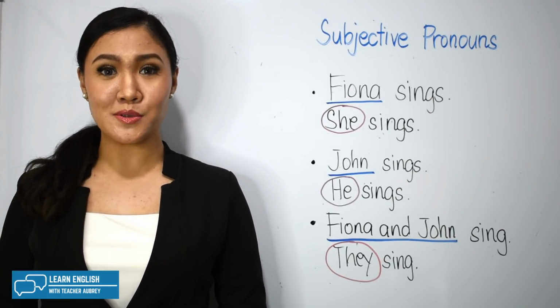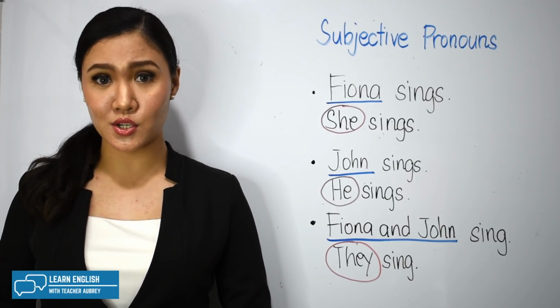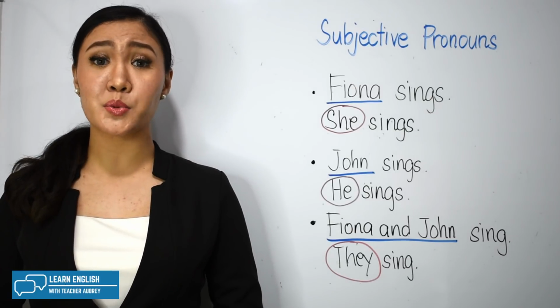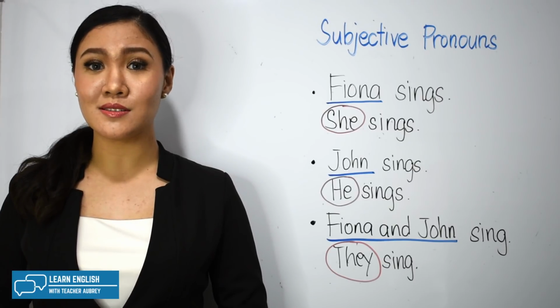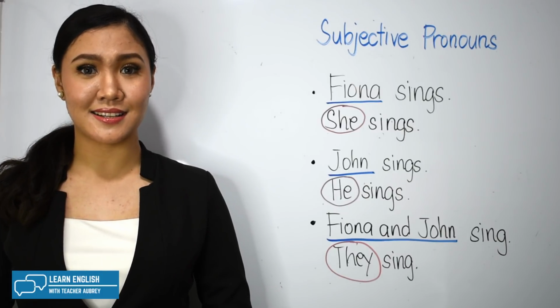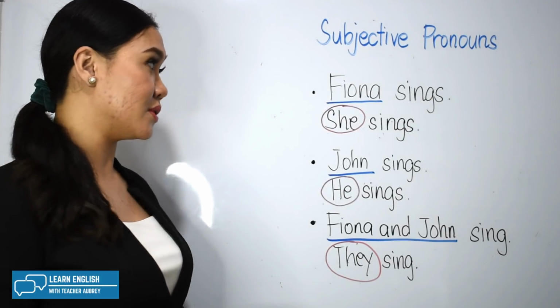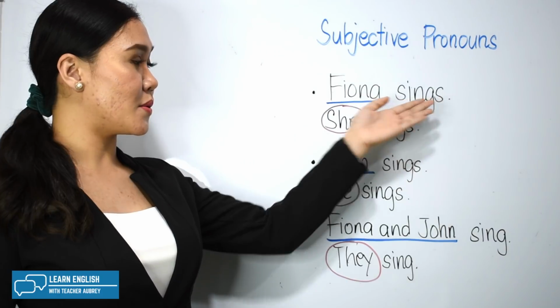As I told you, subjective pronouns are very important in the English language, be it spoken or written, because they substitute the nouns or the subjects in the sentence. Let's try to look at these examples. For the first one, we have Fiona sings.